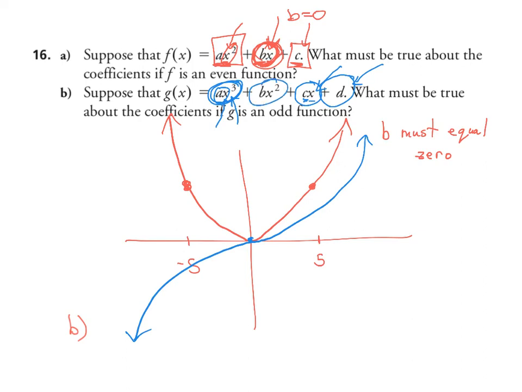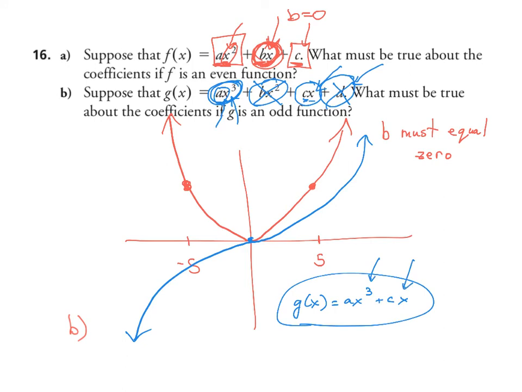So an odd function, you can't have any even degrees in it. So basically you're talking about g of x equals ax cubed plus cx. This is going to be an odd function because it only has odd variables.